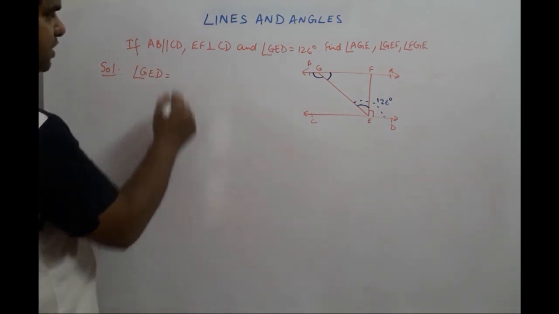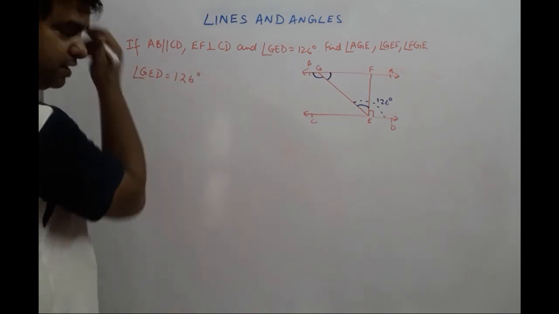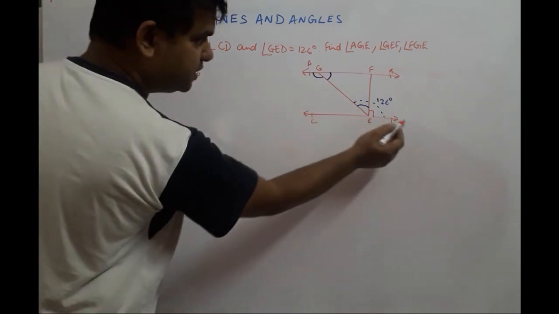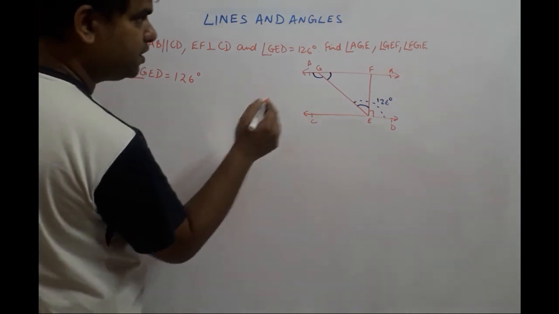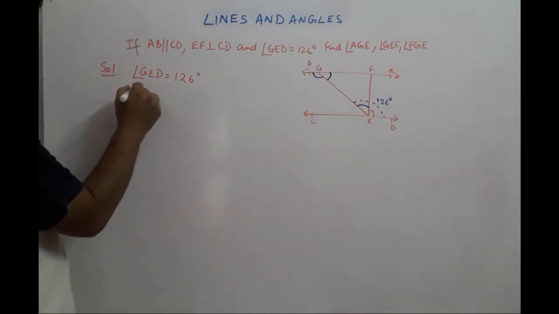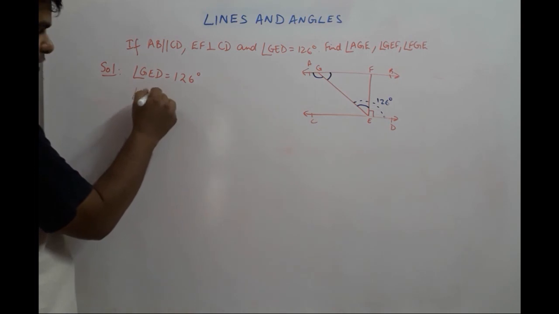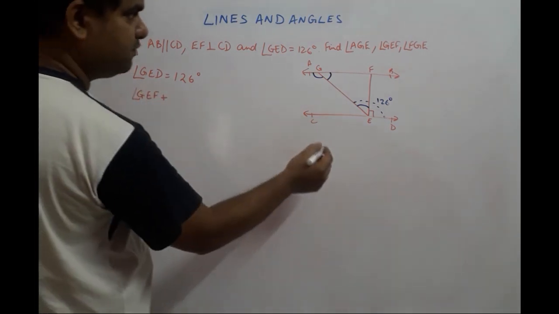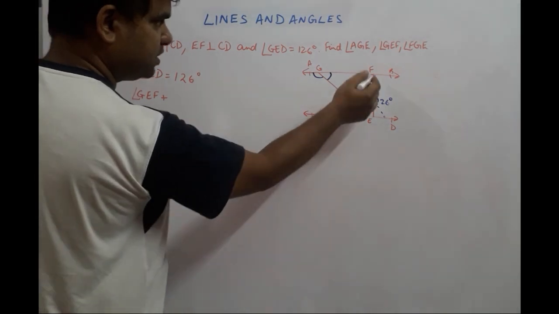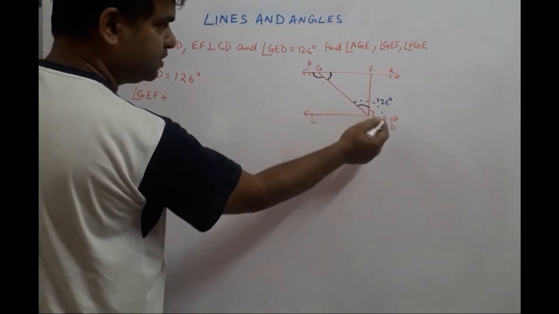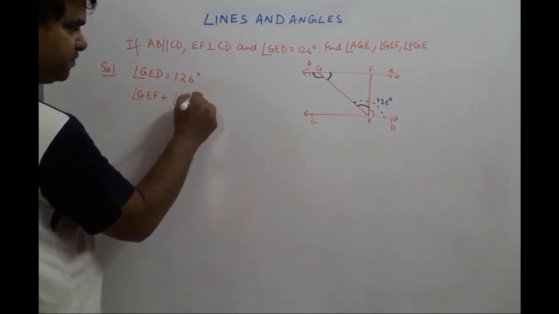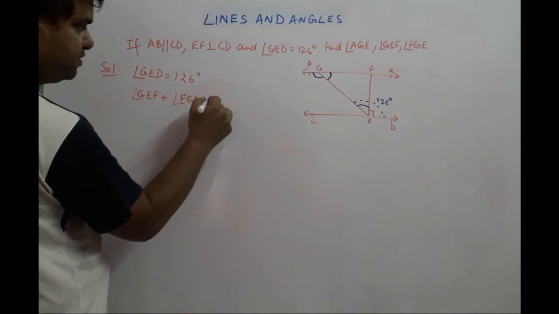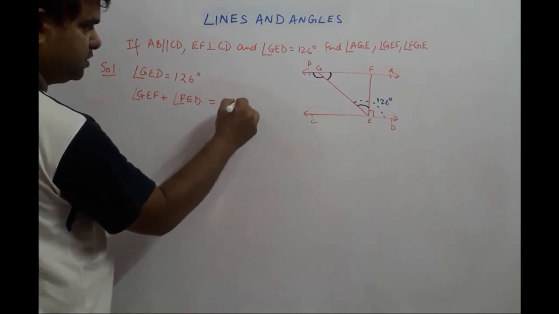Okay, we have been given that as 126 degrees. Now angle GED actually can be split up into two, that is angle GEF, what we need, plus the angle that we have been given, since EF has been given as perpendicular to CD, angle FED, and both these are equal to 126.